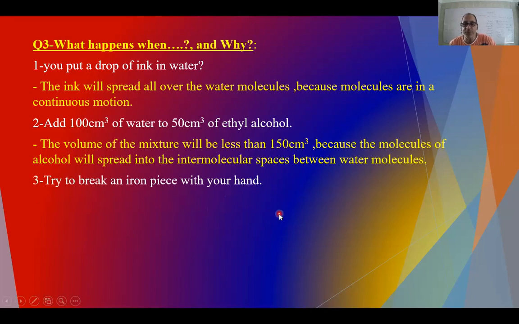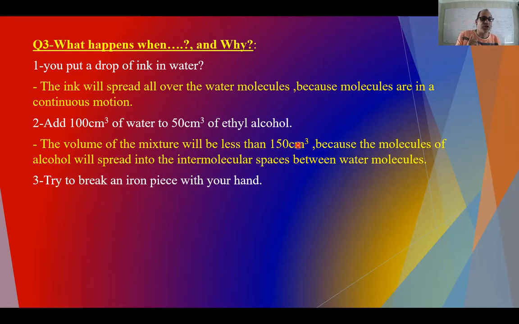What if we try to break an iron piece with your hand? Come on, we can. You are Hercules, that is something else. But you cannot break it. Why? Because iron consists of molecules. Among the characters of molecules, the molecules are in continuous motion, and they have intermolecular forces.